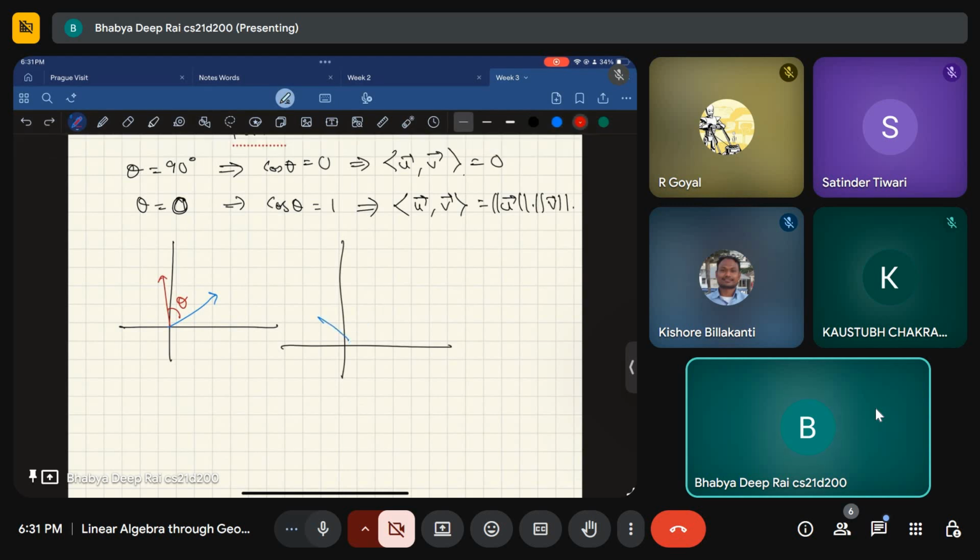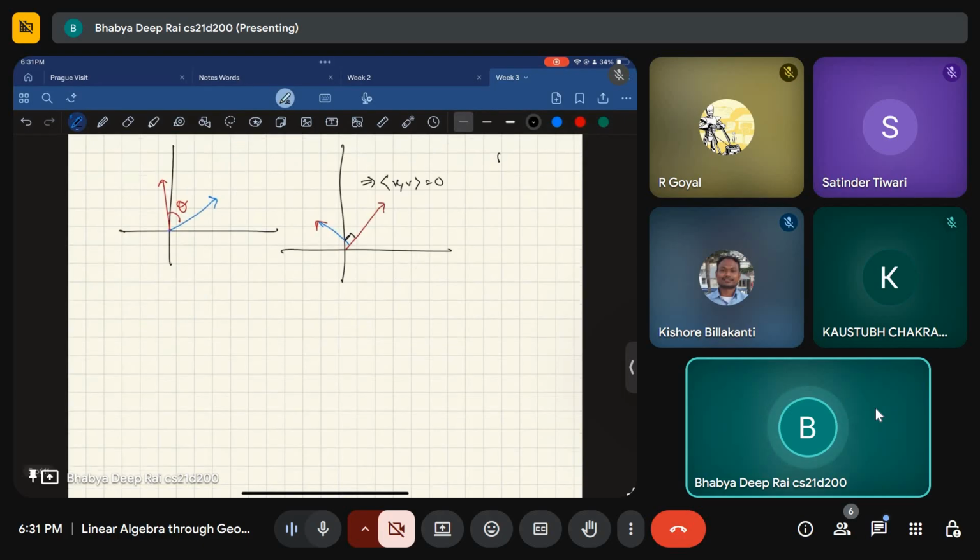And theta being 0 simply means that both your vectors are on the same line.